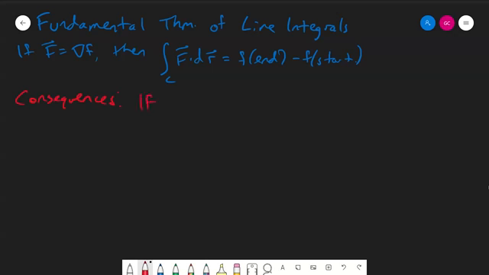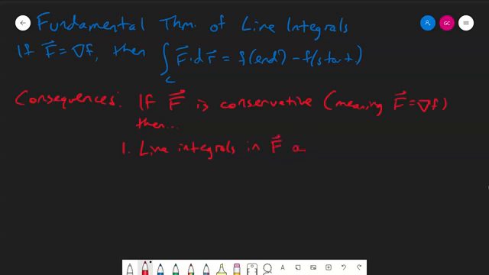So if your vector field, again, we use the term conservative, so meaning that it is the gradient of something, well, one of the things that the fundamental theorem of line integrals tells you is that line integrals in conservative vector fields are what we call path independent.